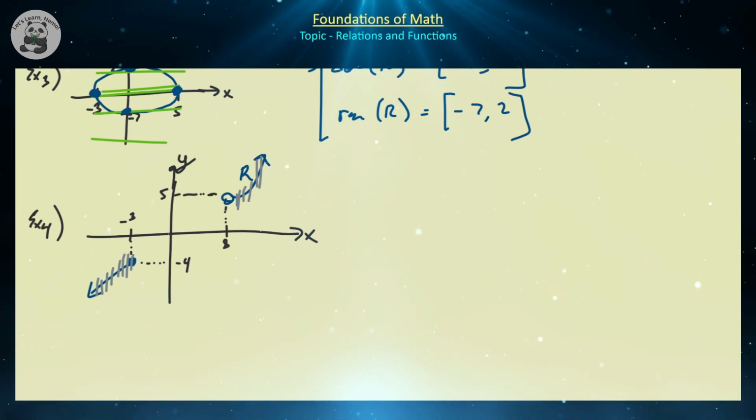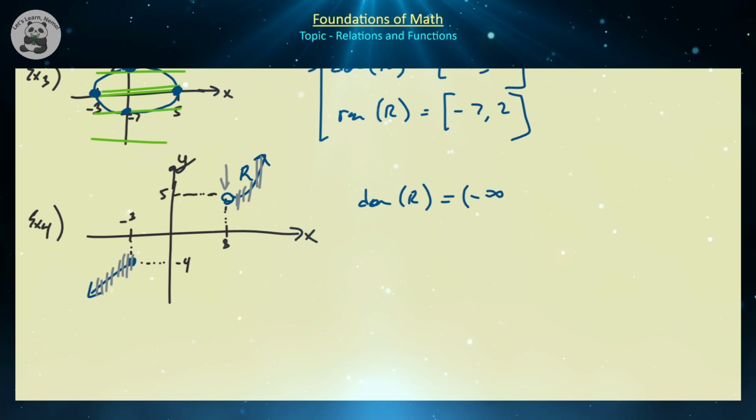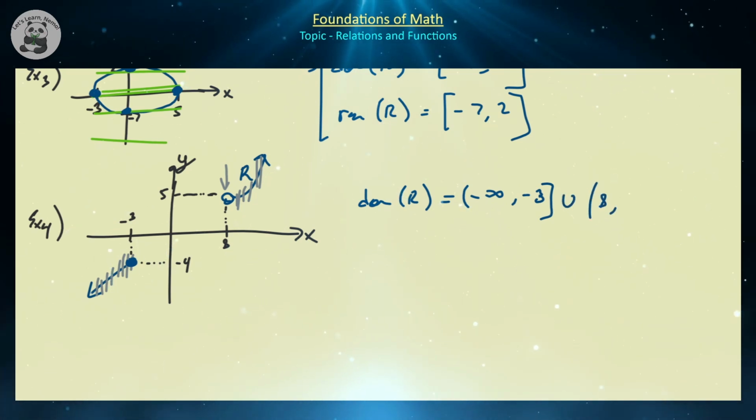But notice I cannot draw a vertical line at, for example, 8 because that's an open circle, therefore it will not cross, but it will cross slightly to the right of 8. So we can see that the domain of this relation is going to be equal to, starting off left to right, minus infinity up to minus 3, because that was a closed circle, so minus 3 is included. And then we're going to start off at something slightly to the right of 8 and go all the way up to positive infinity. So that's going to be my domain.